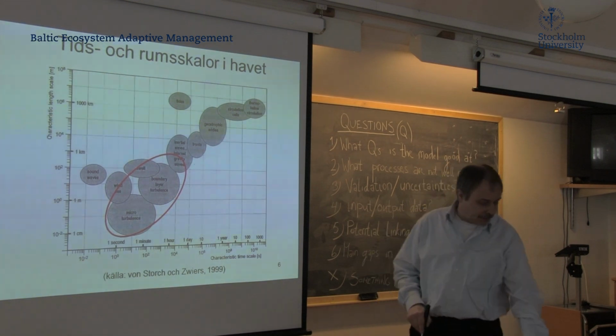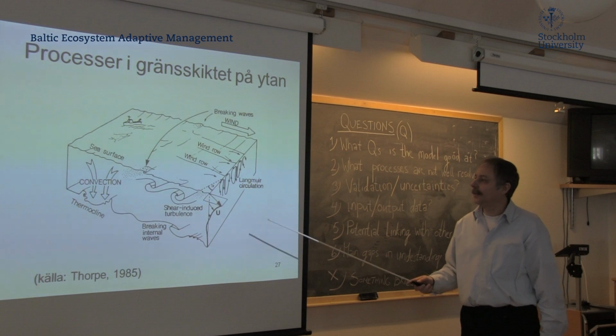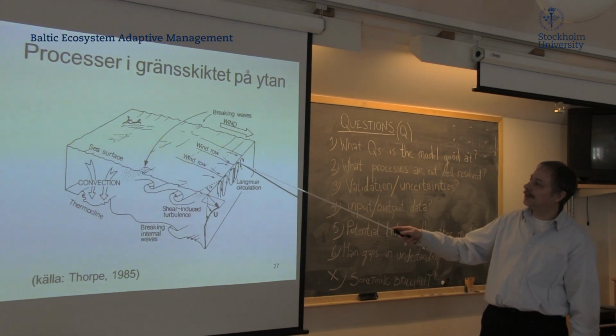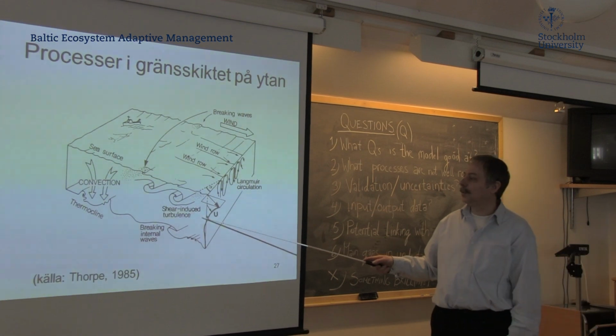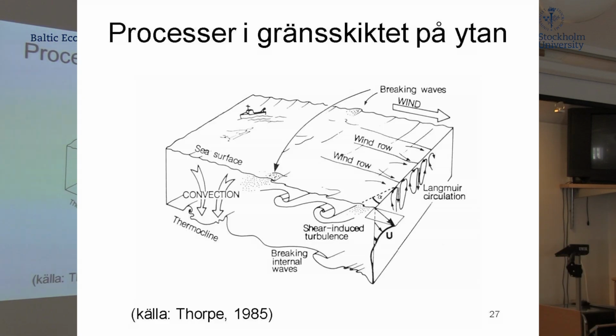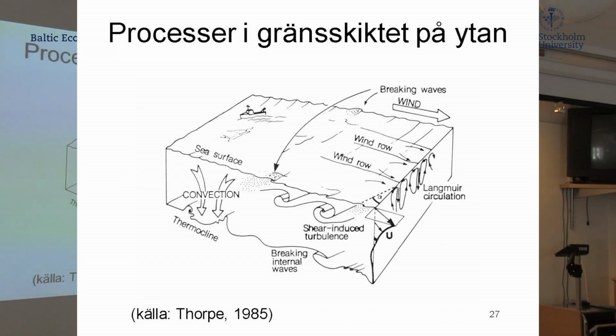So these processes sketched here are also sketched in this. Here you have the Langmuir circulation, the rows. You have shear-induced turbulence breaking internal waves, which is very important for the mixing in the deep Baltic Sea, deep water. You have convection. I told you that it's not included, it needs to be parameterized.